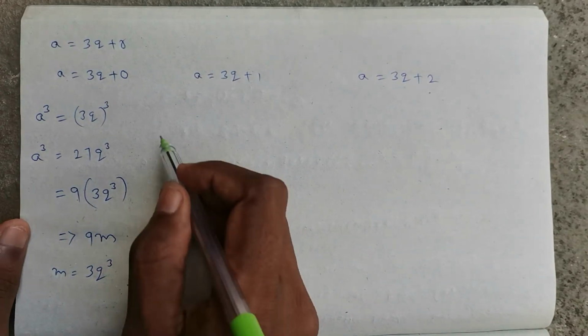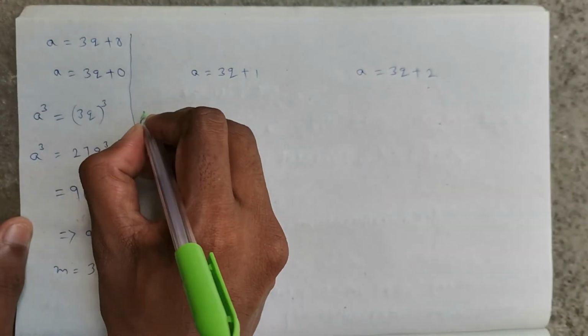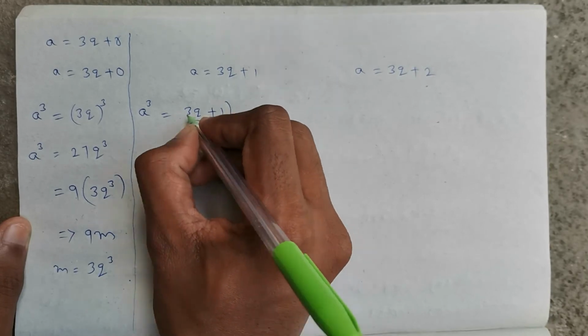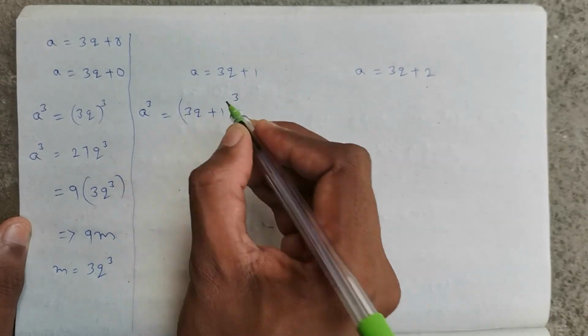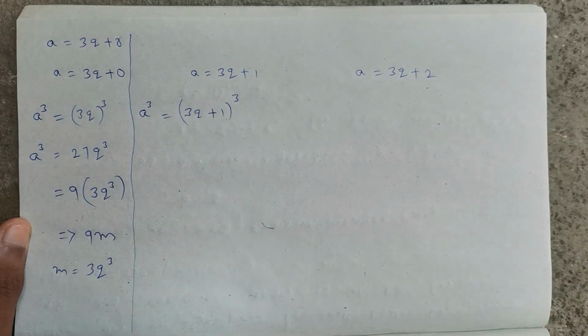Next, the second one. Same again here also, cubing on both sides. a power 3 equals (3q plus 1) whole power 3. Now it is in the form of (a plus b) whole power 3.